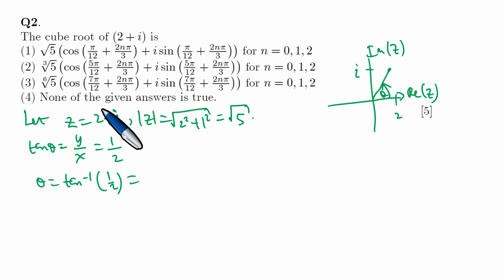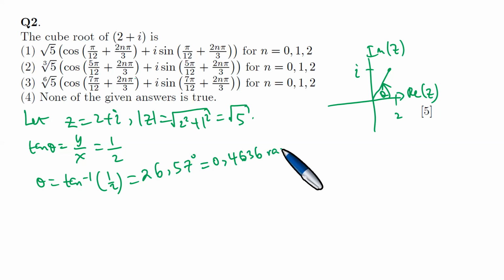The arctan of 1 out of 2 is 26.57 degrees, or in terms of radians, 0.4636 radians. We use radians here.